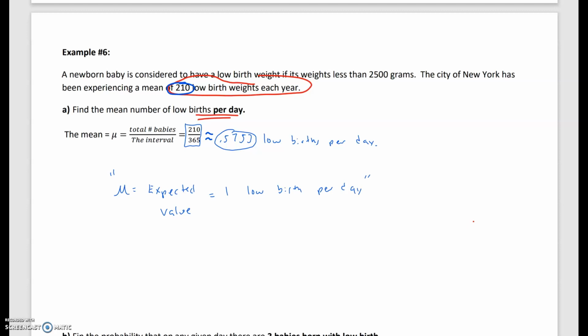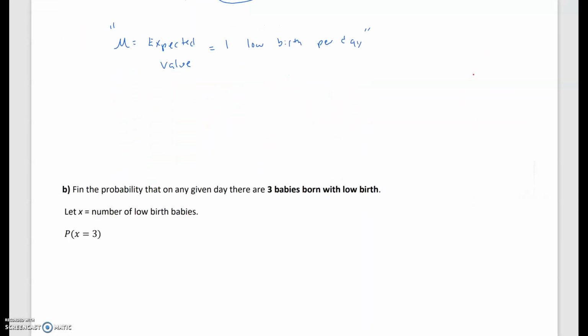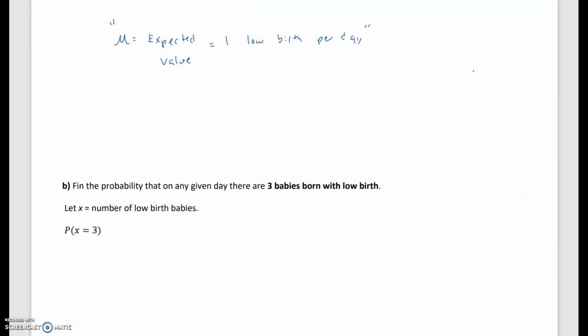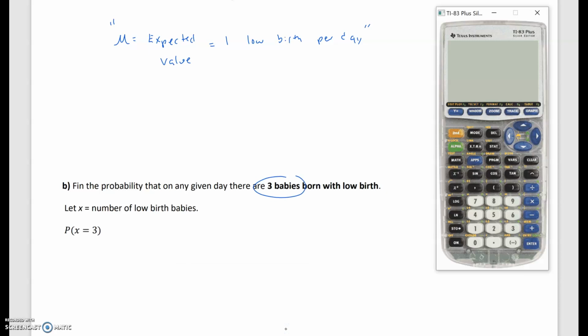Now, for part B, they want us to evaluate, on a given day, the probability that there's a total of 3 babies. So let me punch it into the calculator. Because it's asking for a single value, we're going to be activating the Poisson PDF.